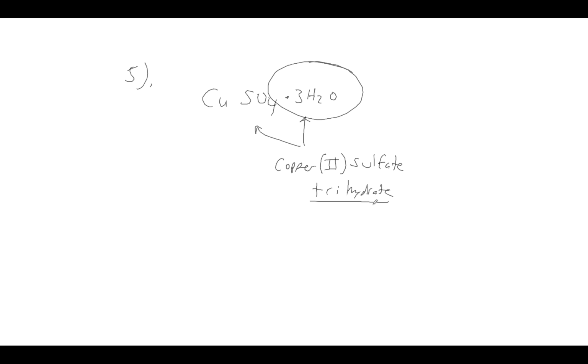Because you have 3 waters trapped in the crystal structure, copper(II) because you have to specify the oxidation state or the charge of the copper, because it's a transition metal that can have variable oxidation states, and sulfate, which is just your sulfate anion, which of course is SO4 2 minus.